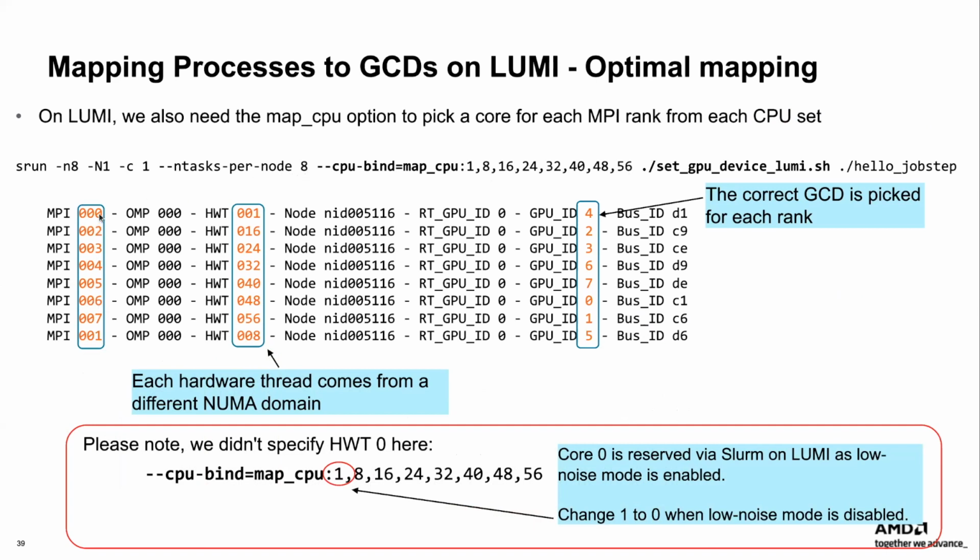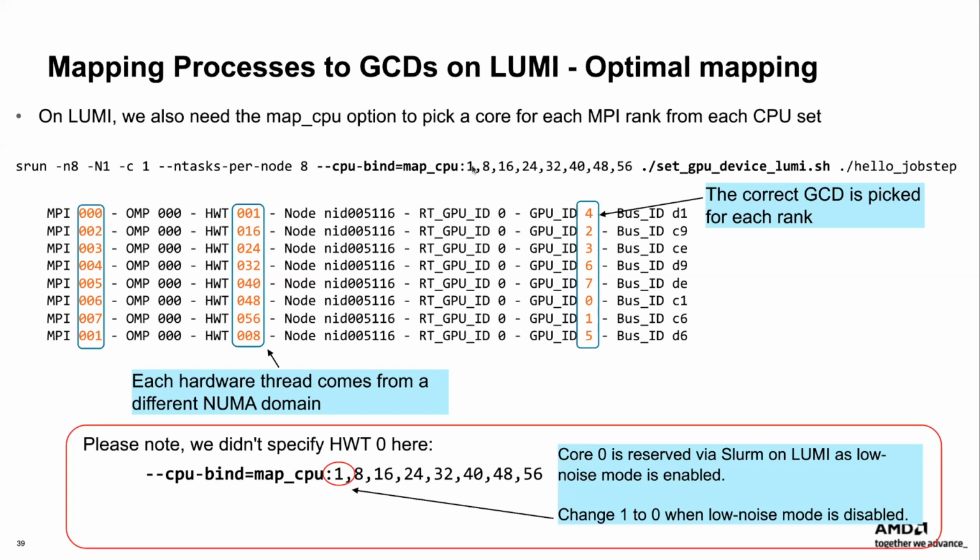So here we see that, for each rank, rank 0 got a core from NUMA domain 0, and then hardware thread 1. Rank 1 got hardware thread 8, rank 2 got 16, and so on. And the GCD device associated with each one of those processes is also correct, optimal.